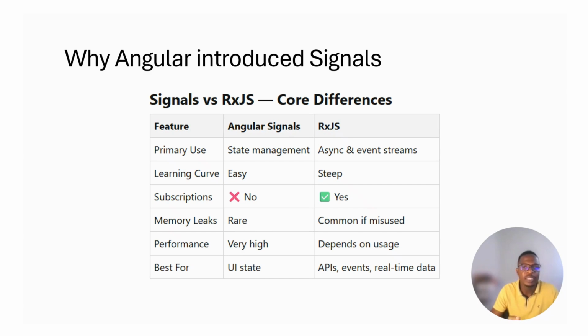Because of this, signals are now a core concept in modern Angular, and we will be building on them throughout this entire series. You don't need to master everything at once, but you need to understand what signals represent. That is a clear relationship between the state and the UI. This will make everything that follows easier to learn.